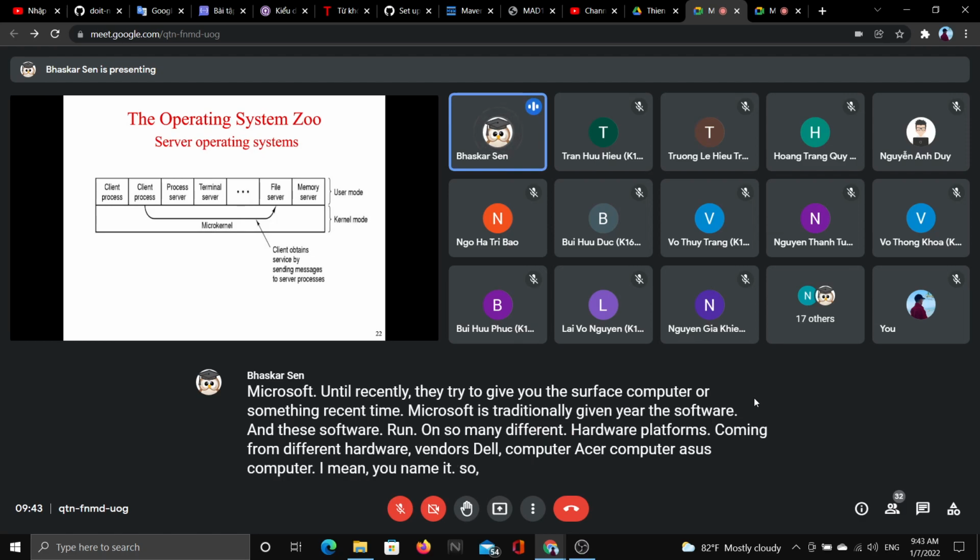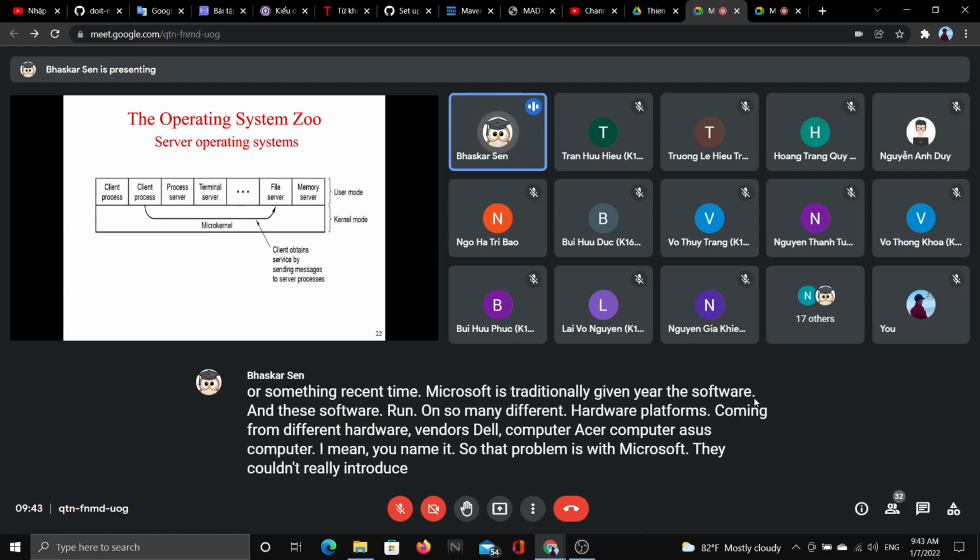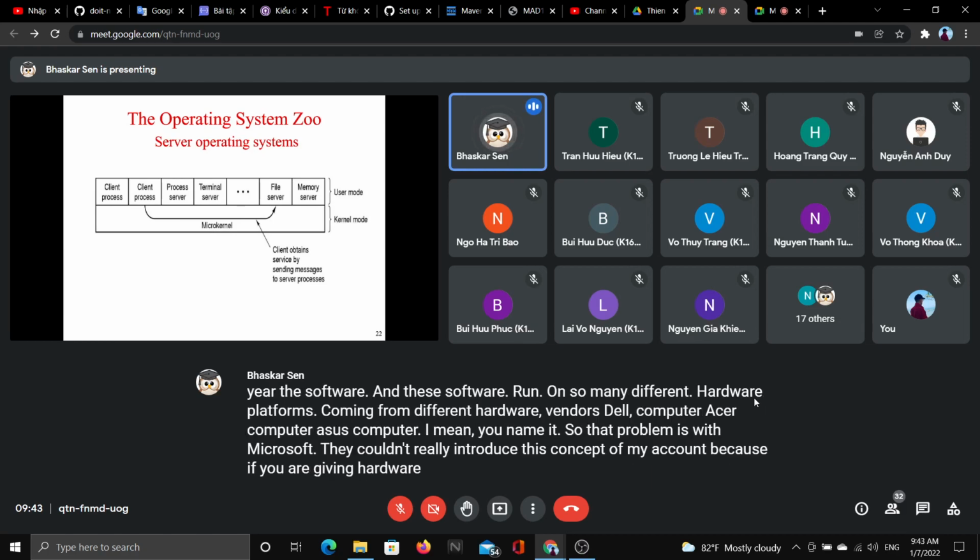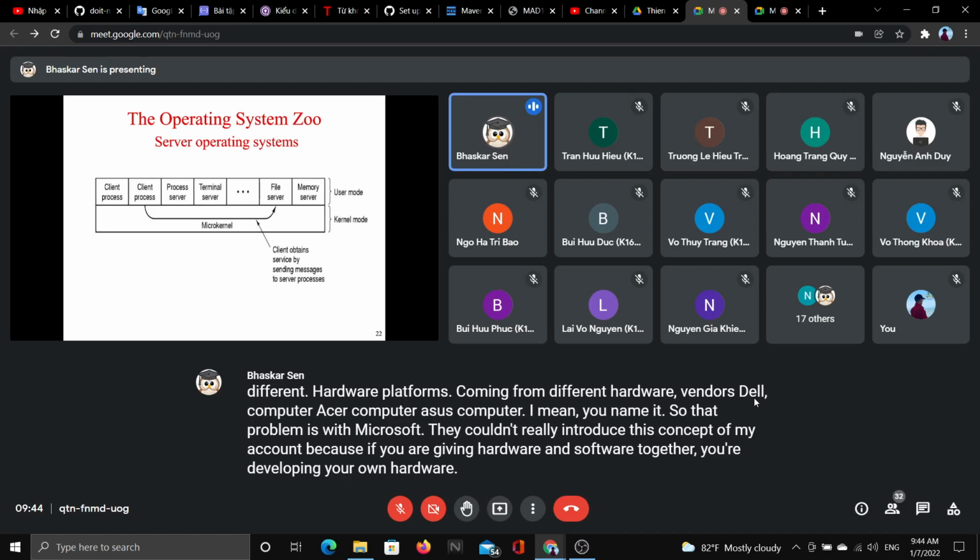So the problem is that Microsoft couldn't really introduce this concept of microkernel. If you are giving hardware and software together, you're developing your own hardware, and that hardware can only respond to your software.